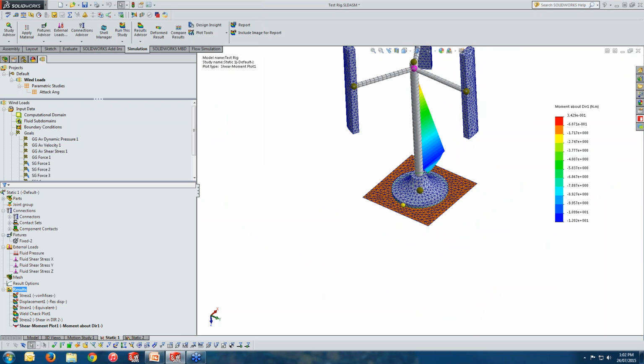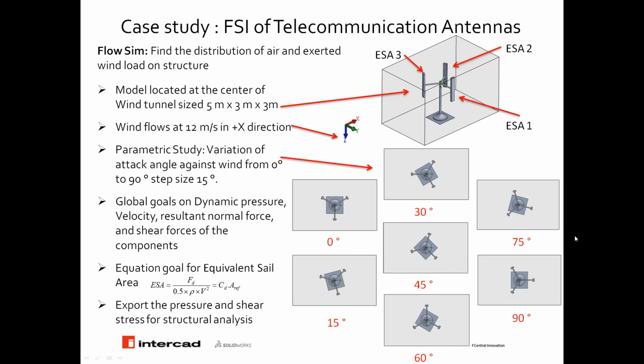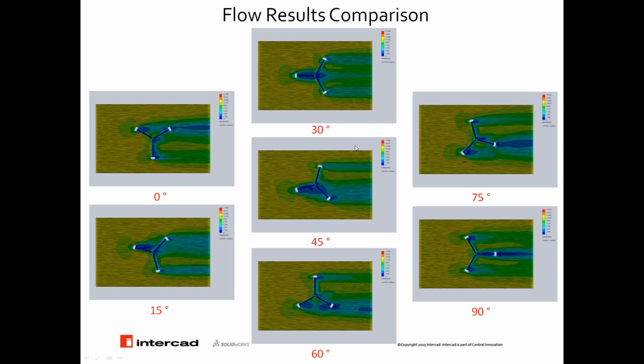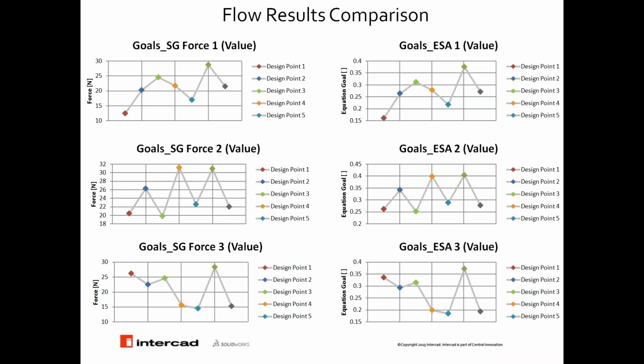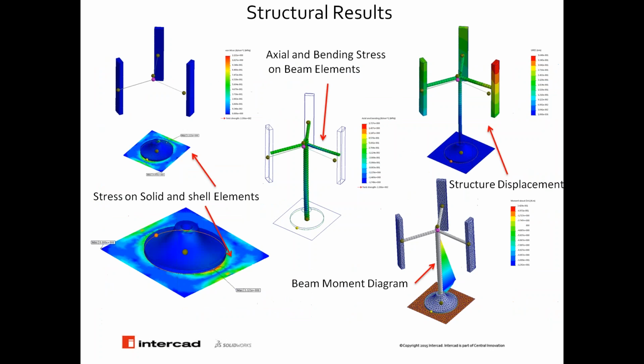Alrighty, so let's wrap up our section. What we have experienced from this point, we went through the different flow results and we learned how we can compare a cut plot or a goal in our flow results, make sure everything is fine there, and then export and exchange the result and simply recall it and look at the structural stress, beam stress, displacement values, or beam moment diagram.